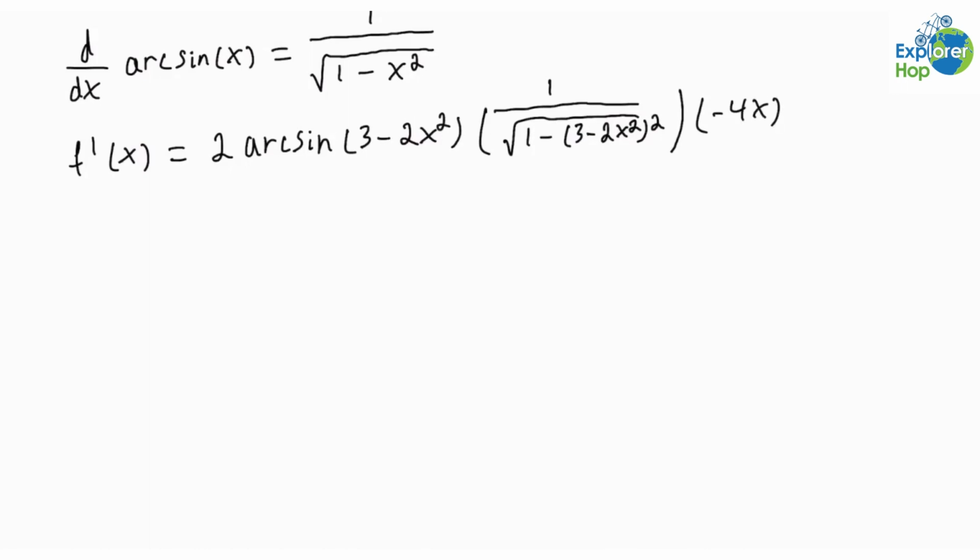Now, if we were to expand 1 minus 3 minus 2x squared, squared, then we have that 1 minus 3 minus 2x squared, squared is equal to 1 minus 9 minus 12x squared plus 4x to the power of 4.